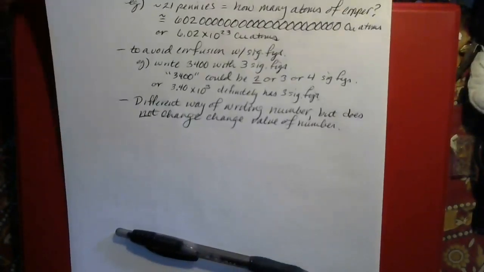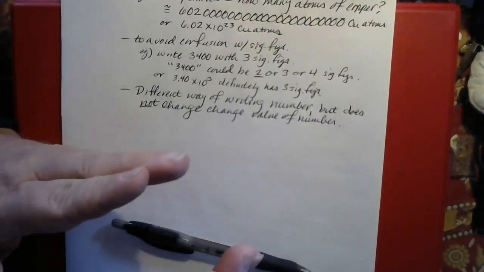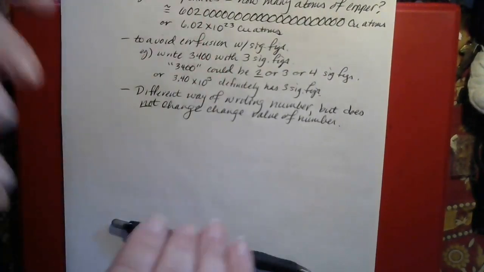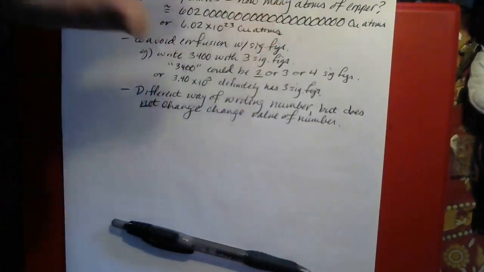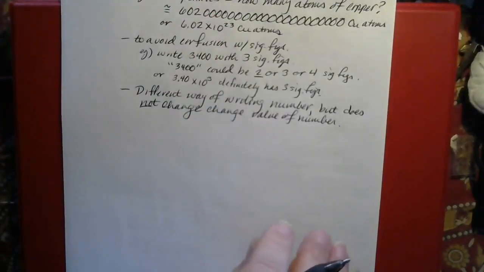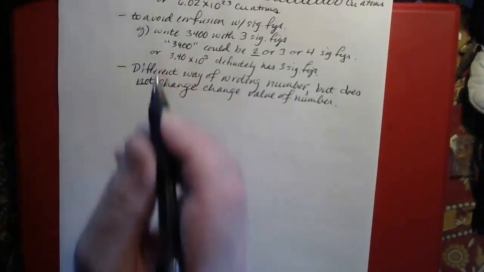It's kind of important to keep that in mind, especially when converting from a decimal form to a scientific notation form or the other way around, because a lot of times, if you keep in mind the fact that you're not changing the value of the quantity that's being expressed, it can help you with that transition by reasoning it out. Say, if we make one part of the number bigger, we have to make the other part of the number smaller to balance things out. So you definitely don't want to change the value of the number. You're just expressing it in a different way.